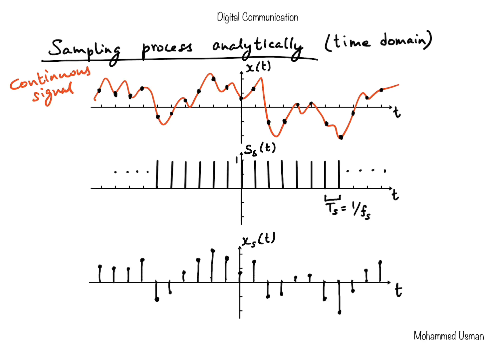Now, the second signal which we have here is called the sampling function, using which we are going to implement or produce the effect of sampling. So the sampling function is nothing but an impulse train.